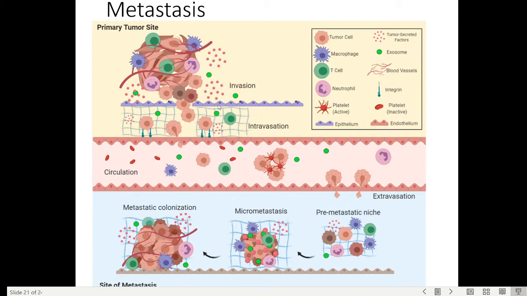Our blood system has epithelial cells at its external surface; the cancer cells break these down and enter the bloodstream. After entering the bloodstream, they move towards various parts and again damage the epithelial cells and enter another part.